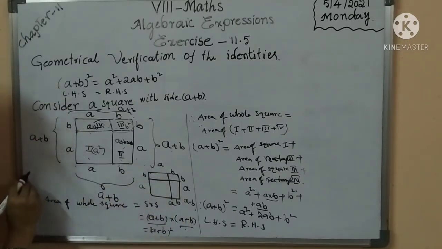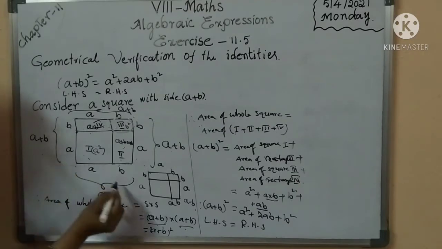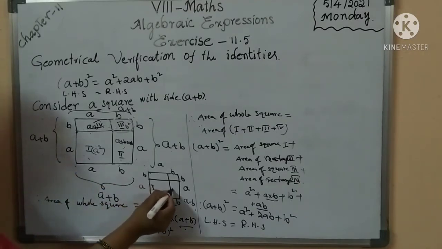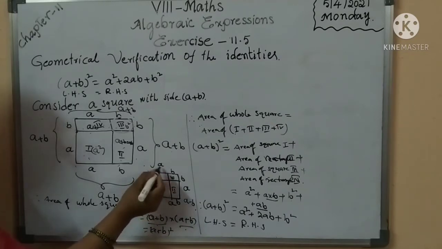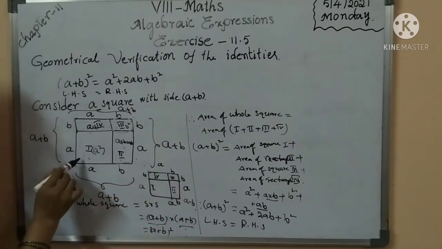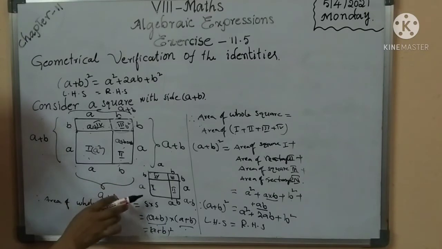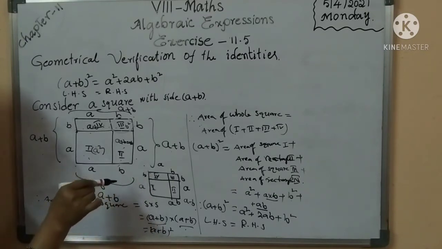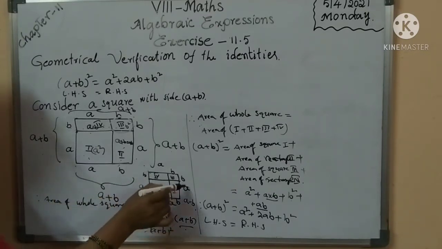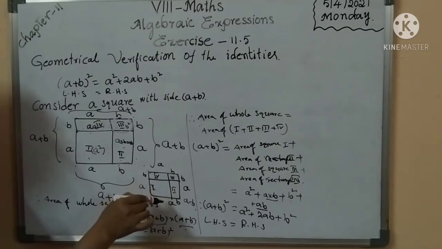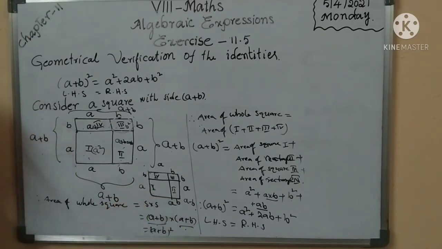A minus B. Understand? So here write first region, second region, third region, and fourth region. Same as before, but here adding. But here we can use the same method. Area of the whole square equals area of 4 regions. Understand? Okay, right. So here write A plus B, A minus B. How can you write that?